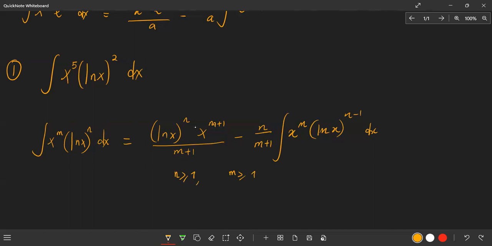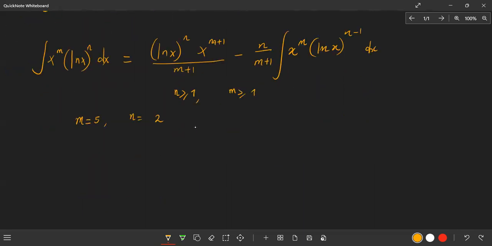Now we need to identify which one is our m and which one is our n. Our m in this case is the power of x, so m is equal to 5, and n is equal to 2. So we just have to substitute those values. We are trying to integrate x power 5 natural log of x raised to power 2 dx.